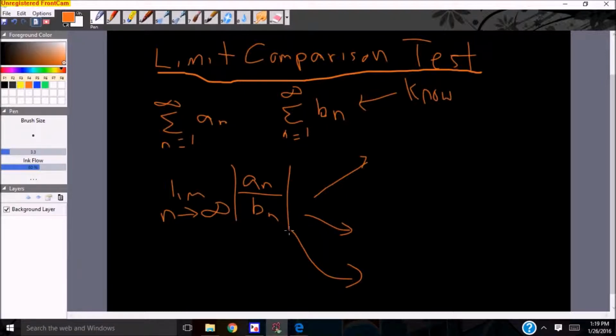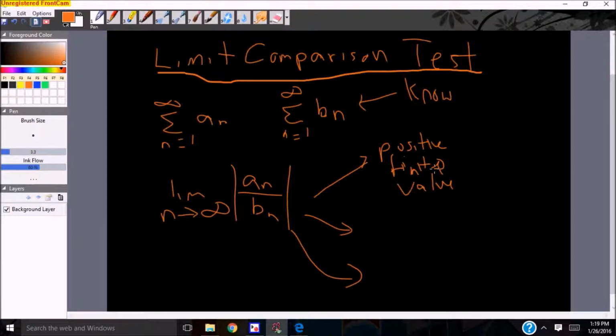We have the ability to get a positive finite value. So we get something that's not zero, basically, and is not infinite.